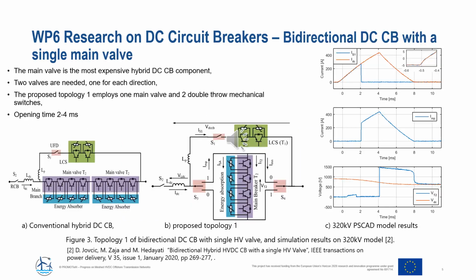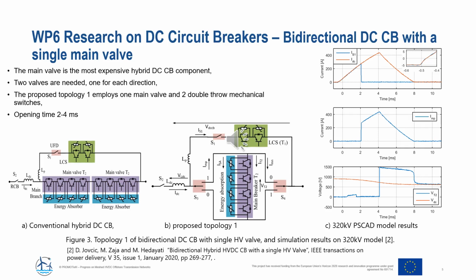This slide shows the proposed hybrid bidirectional DC circuit breaker using a single high voltage valve. The figure on the left shows the conventional hybrid DC circuit breaker, which has 2 main valves. One is required for each current direction. The figure in the middle shows the first topology of the proposed concept.